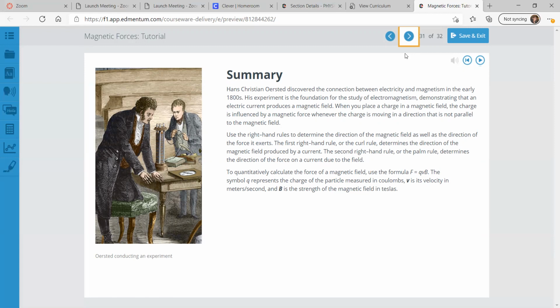To quantitatively calculate the force of a magnetic field, we use the formula F equals QVB. Q represents the charge of the particle in coulombs. V is the velocity in meters per second. B is the strength of the magnetic field in Teslas.